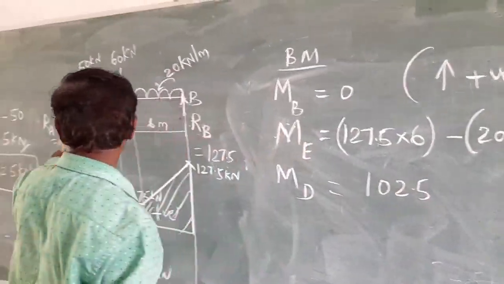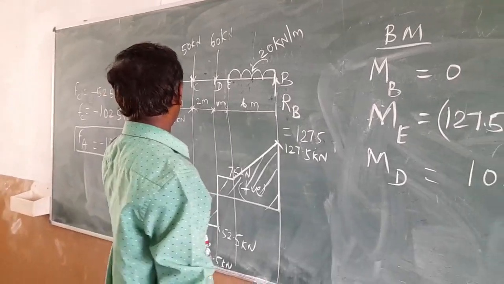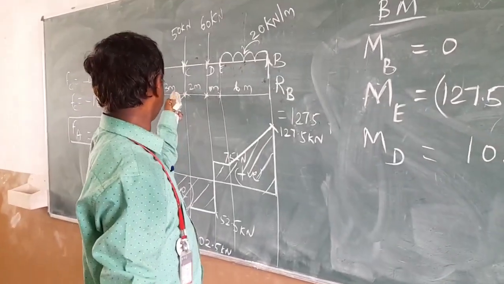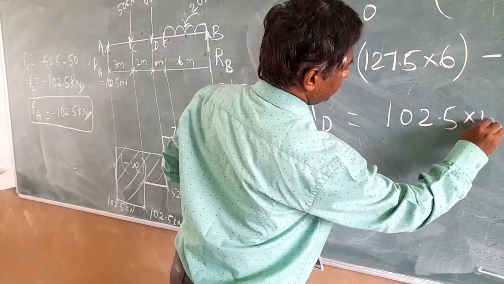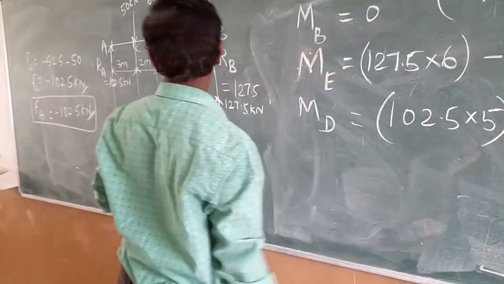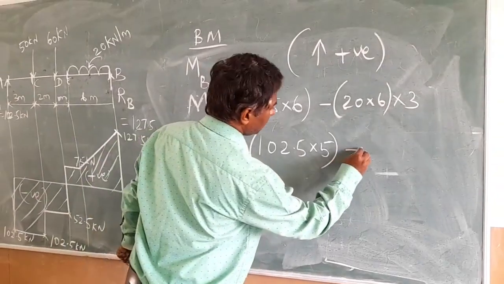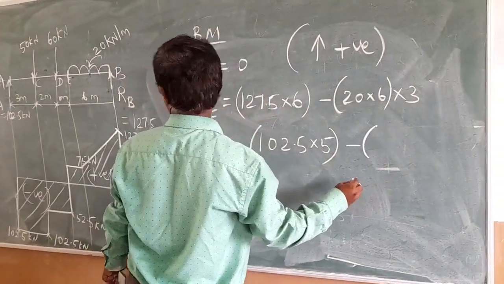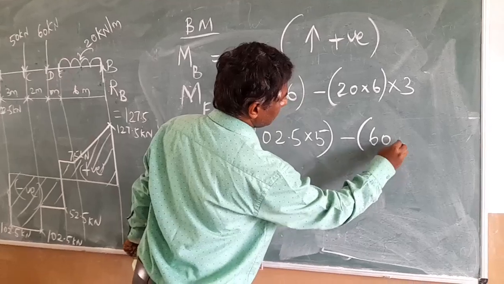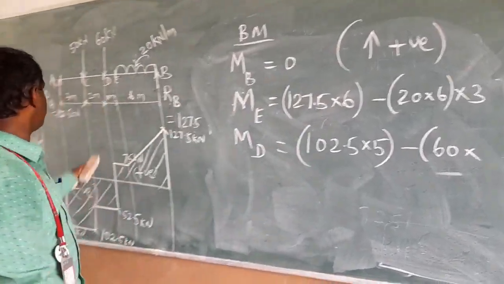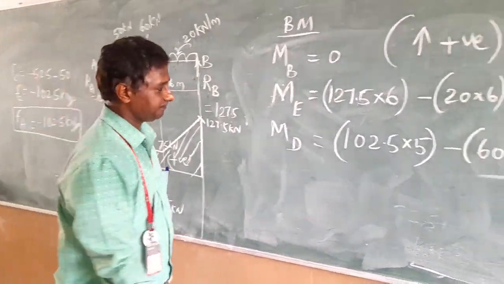It's a positive bending moment because it's an upward load, into the distance to point D. So 3 plus 2 is 5 meter. Next you have a 50 kN downward load, which produces a negative bending moment, that is 50 into the distance to D point. C to D is 2 meter.